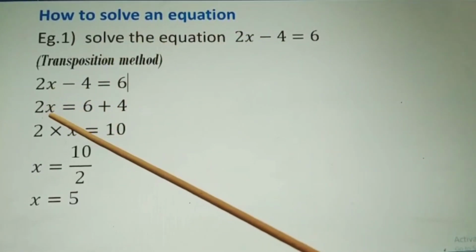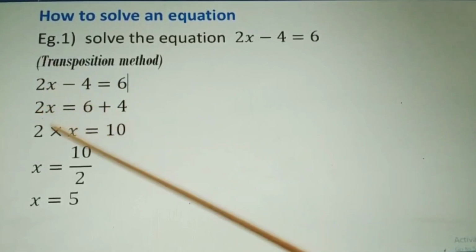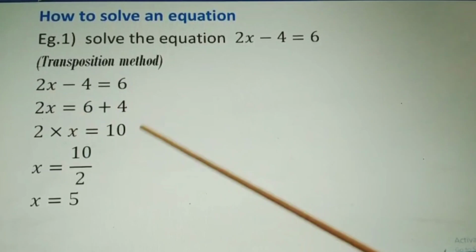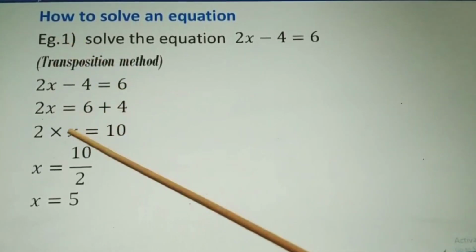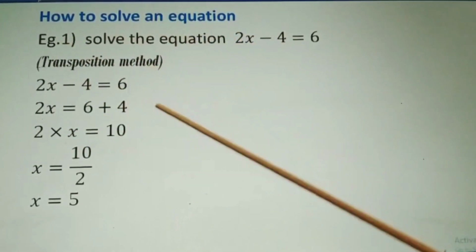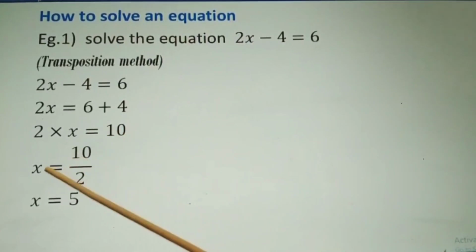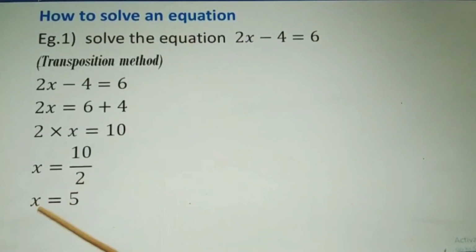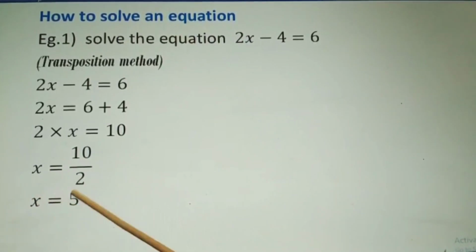Here multiplication part, that is 2x is equal to 2 into x. 2 into x is equal to 10. In left side multiplication is there, right side it will become division. That is x is equal to 10 divided by 2. Value of x or solution of x is equal to 5.